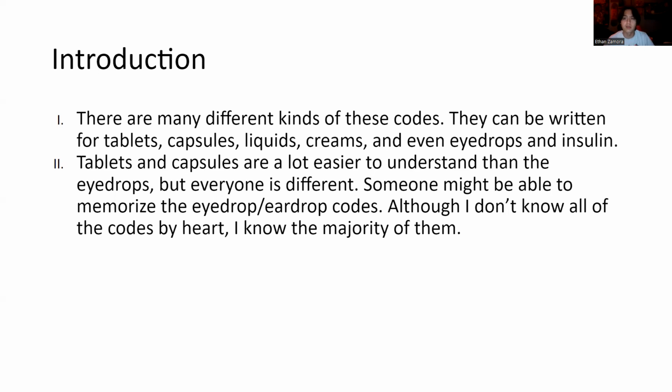Those are a little more on the confusing side, but creams and liquids like syrups, cough medicines or antibiotic liquids are kind of easy to read. Capsules and tablets are the easiest because they're very simple. It's just one tablet twice a day or one tablet once a day, or capsule, you can switch them around. Either one is good.